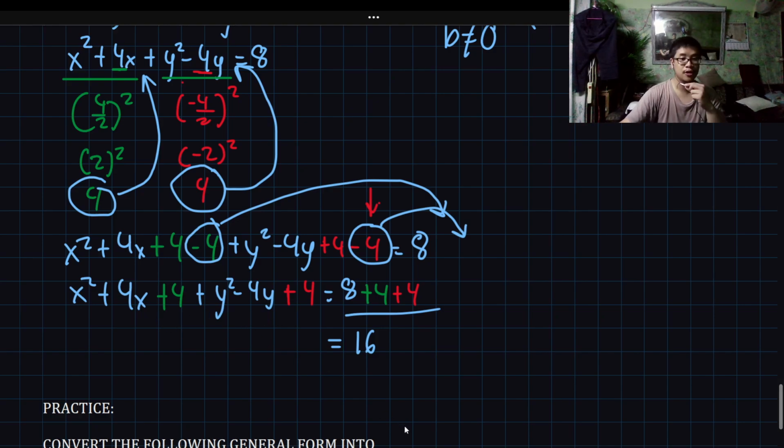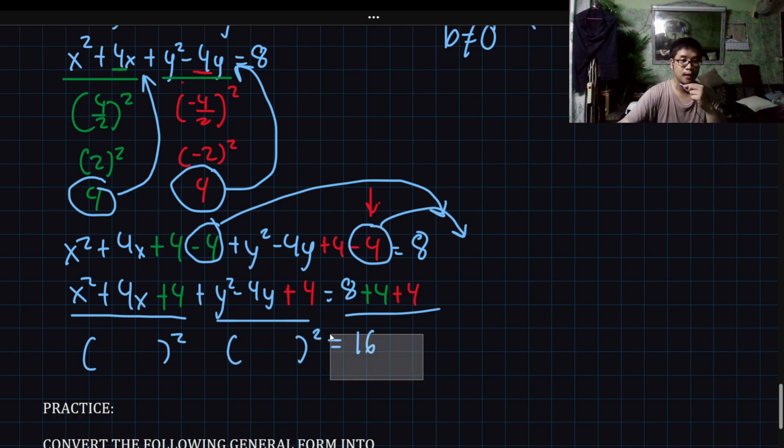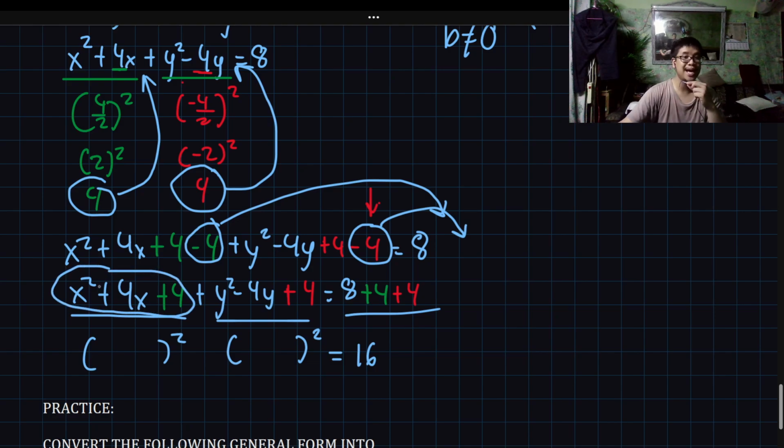The technique is first you put square parentheses for the two of them. So for this, we're going to put square parentheses. Likewise for this one. Next, we're going to put the variable within the parentheses, and that variable is the one used in the expression. Here they use x as a variable, so we will put x.